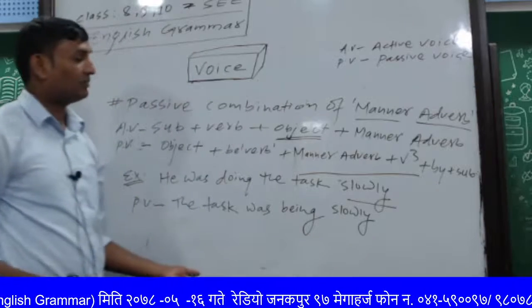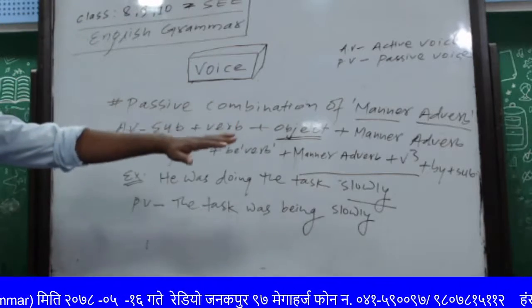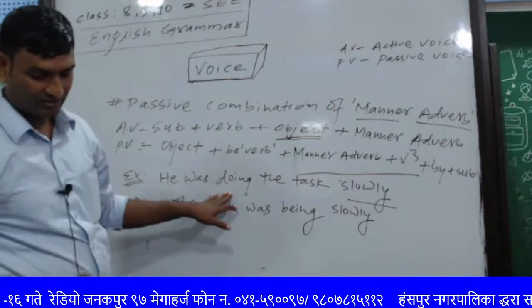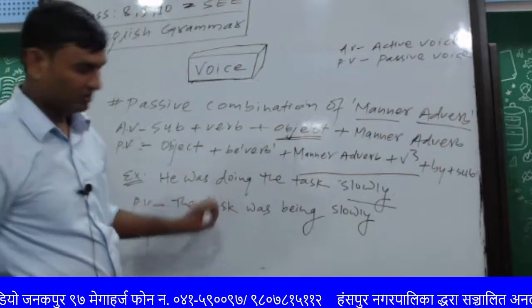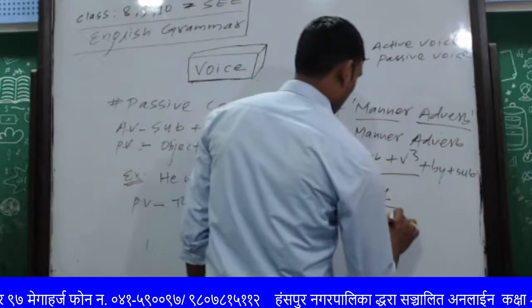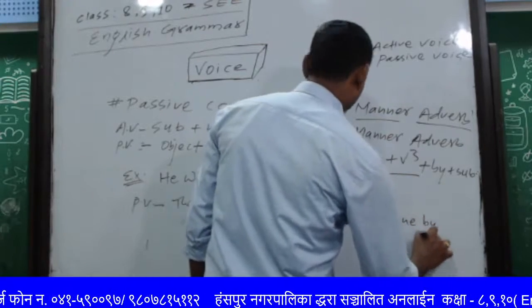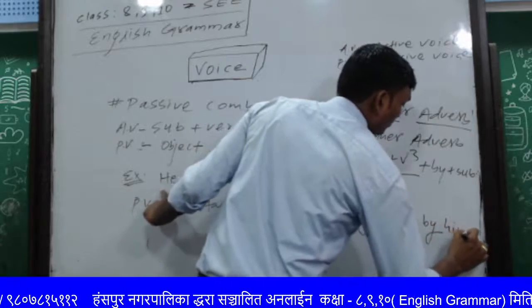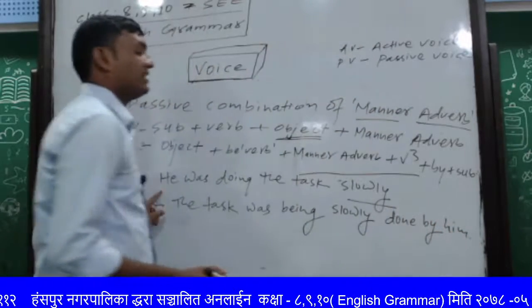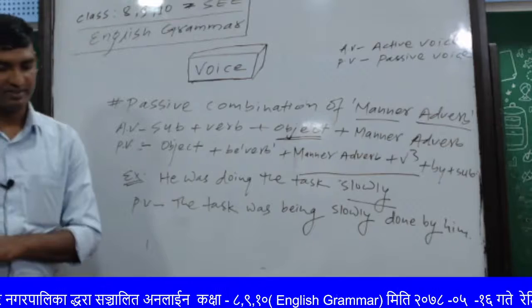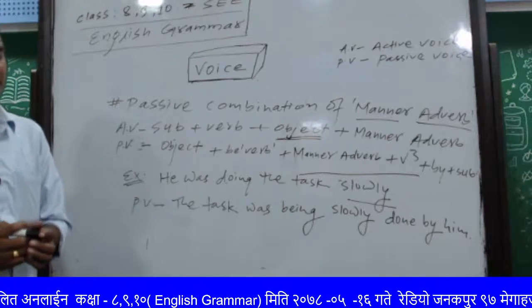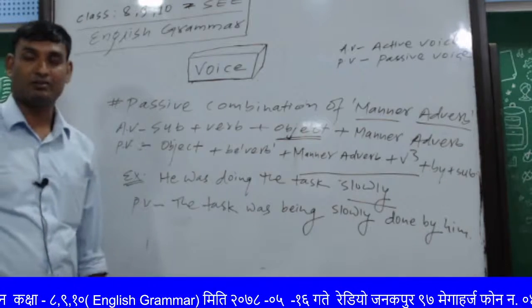Then V3 after the adverb, and the verb is here doing, so done, by, and he is the subject, so the subject changes into the objective case him. In this way we can change the passive combination of manner adverb.